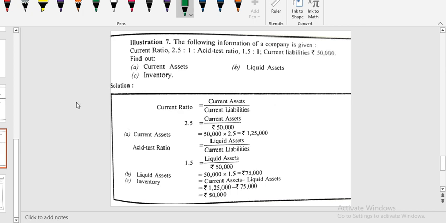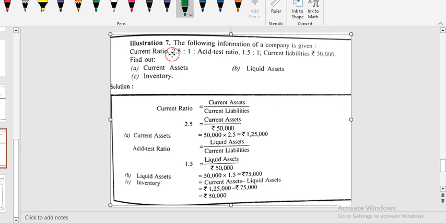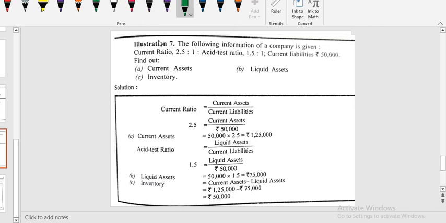Current liability is 50,000. Now here we are cross multiplying it.